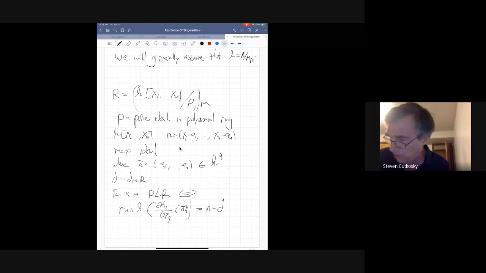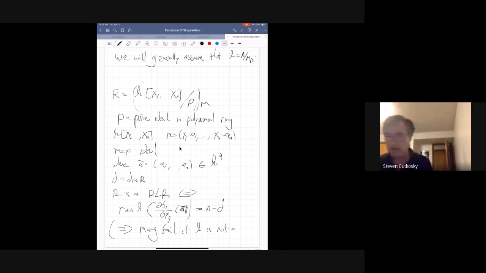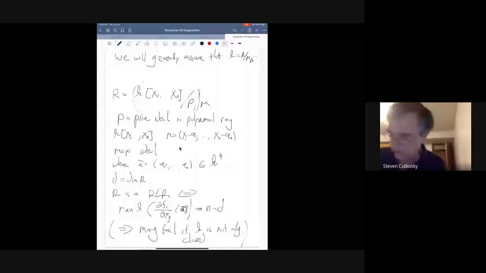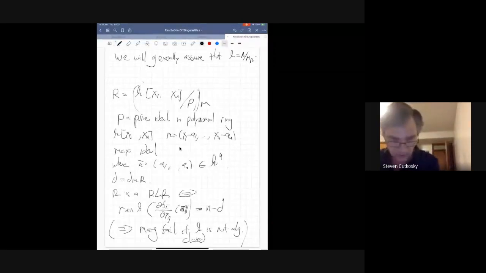So this is the old definition of non-singularity, but the implication may fail if k is not algebraically closed. Okay, so that's why one has to have this other more exotic definition. So this is the Jacobian criterion, which for our purposes, since k is algebraically closed, we can use.